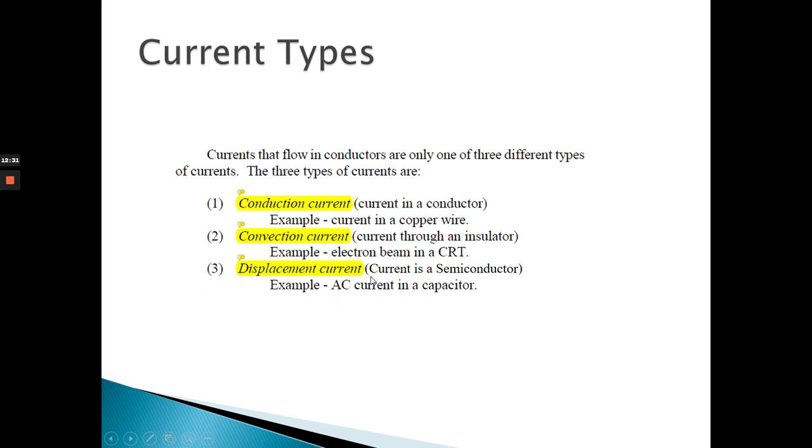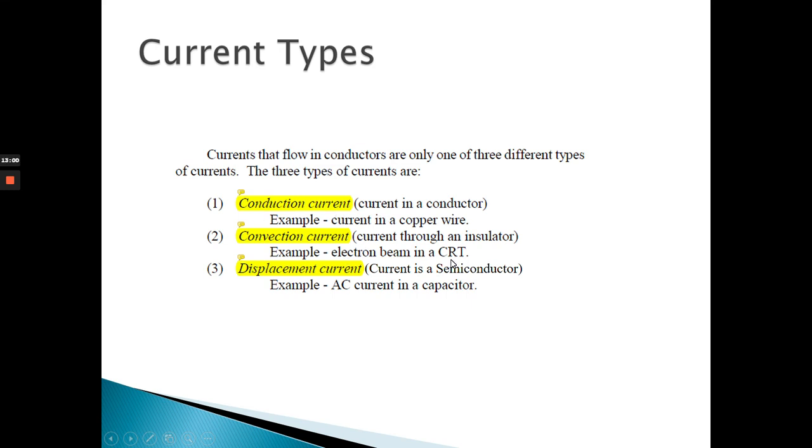The third one is the current in a semiconductor, which we call displacement current. The non-contact current, a displacement in the field, actually creates the current. That's why we call it displacement current, which is the AC current in a capacitor. So the current in a copper wire is the conduction current.